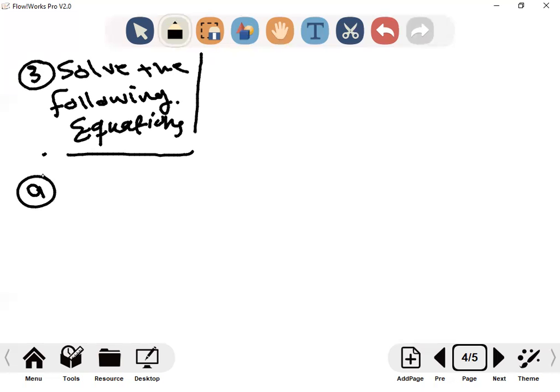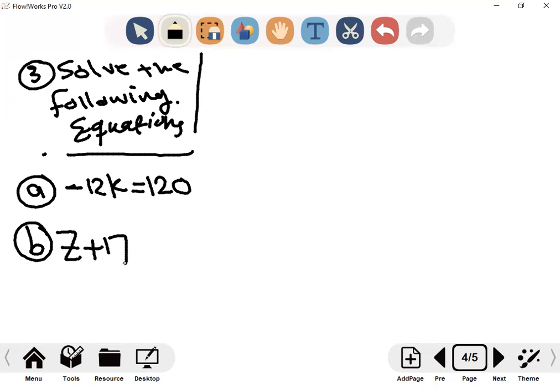A, negative 12k equals 120. B, z plus 17 equals negative 3. C, n over negative 3 equals negative 7.